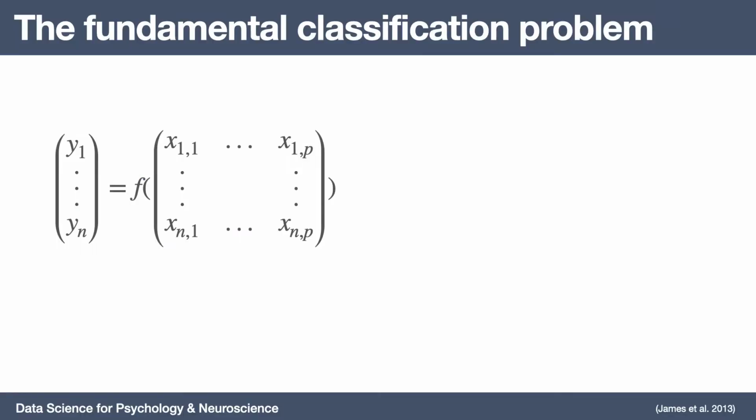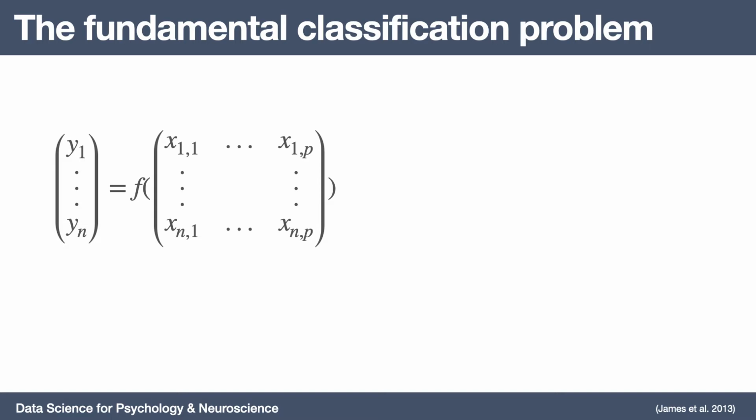First you have to go back to the fundamental problem of classification problems. Let's say that you have a data set with a particular response or outcome variable y and a set of predictor variables or input variables x, and you're trying to find the functional relationship between them.